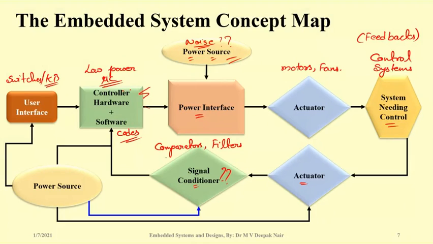Because look, when you are connecting any mechanical device or any analog device to a microcontroller, these are digital in nature. Digital means they will be working on either zeros or ones. Either they will take input as a 0 or 1, low voltage or high voltage, or they will provide at the output low voltage and high voltage. But these 0 and 1 are not always ideal in nature.